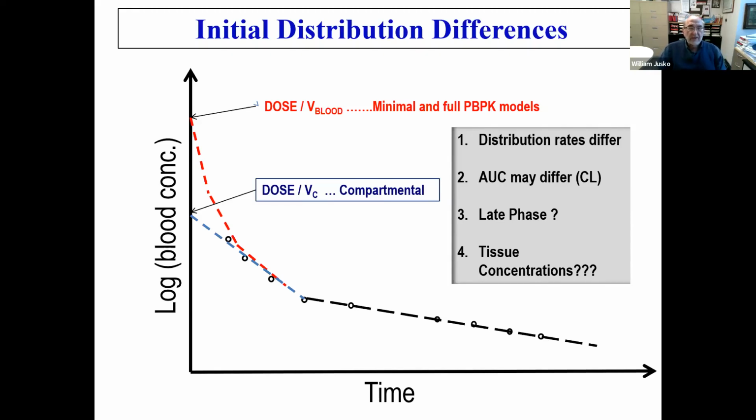And you can see that can theoretically produce marked differences in the early time course. In turn, that's going to change everything in the way one interprets pharmacokinetics. It'll change distribution rates, area under the curve, have influences on later phases, and what one interprets for tissue concentrations. So there's a bit of an issue.